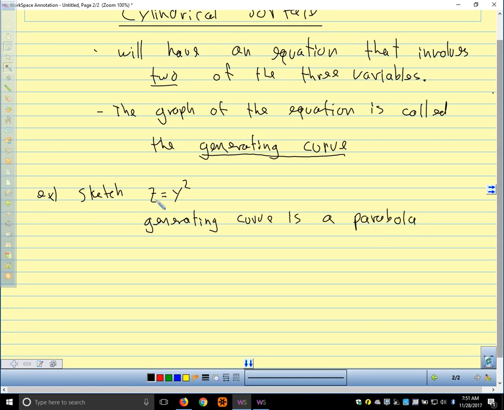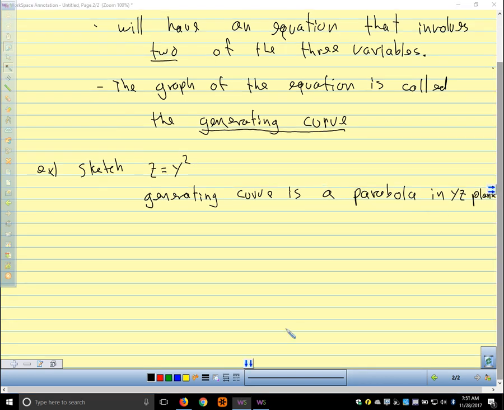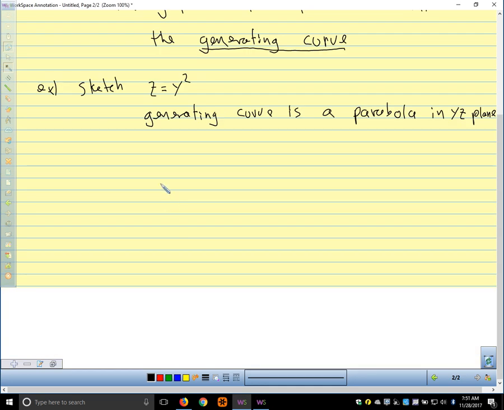And this is going to be our generating curve. We can think of it being in the YZ plane. So if we want to sketch this, draw my coordinate system here.